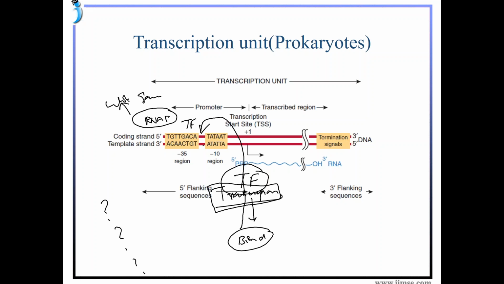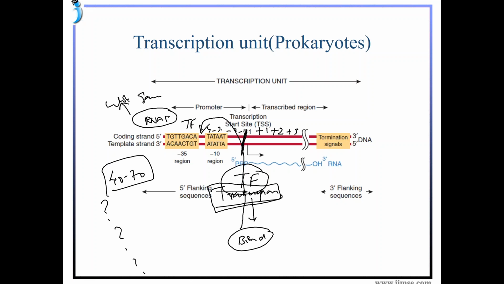How big is this RNA polymerase? It generally occupies around 40 to 70 nucleotides of space. That means if it binds here, it will extend up to 70 nucleotides. For our easy understanding, exactly where mRNA synthesis starts, the first nucleotide of mRNA, we name it +1, and downstream we name +1, +2, +3 sites, and upstream we give -1, -2, -3, -4.